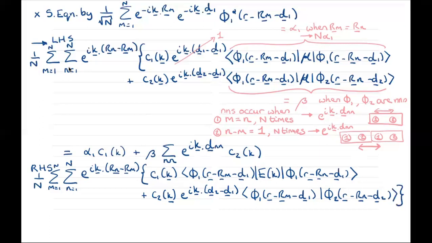Okay, so let's simplify this equation. Oh, and by the way, I didn't write out, we could have also put in here e to the i k dot d1 minus d1 as up here, but I set that to 1 straight away.